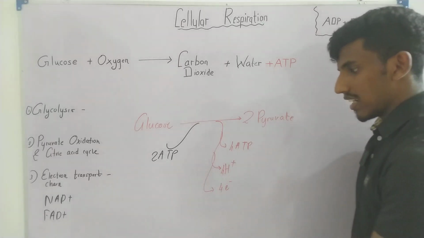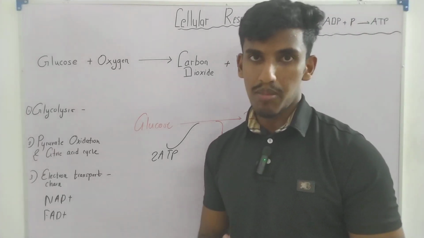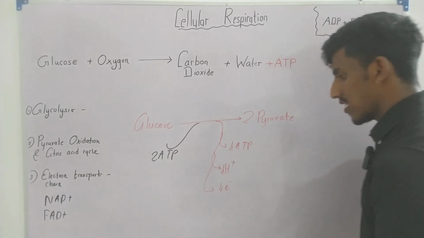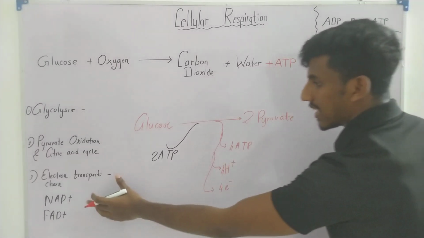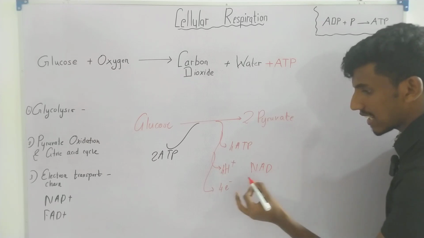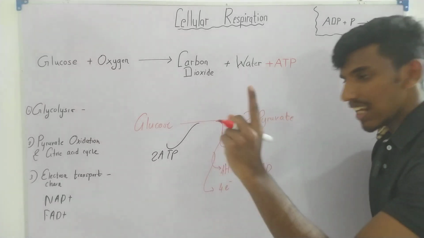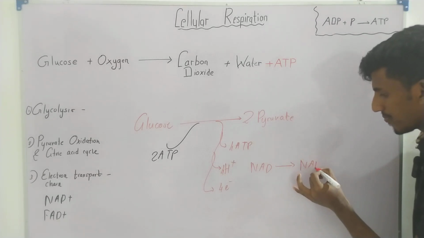Now, as I told earlier, these electrons contain a very high amount of energy and we can't lose them. So these electrons are accepted by the electron acceptors called NAD+. An NAD+ can accept 2 electrons and a single hydrogen ion and convert itself to NADH.